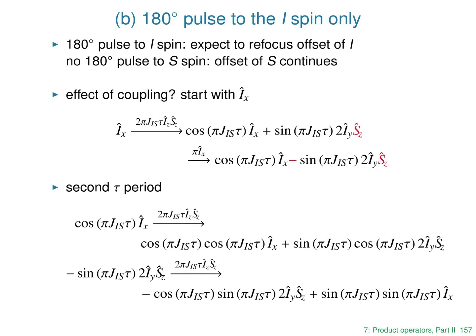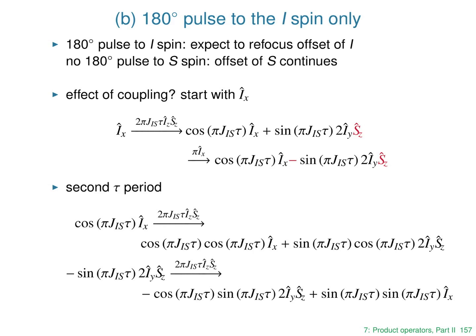So then you have to do what we did before, have the second period, and work through all the details. The IX term has to evolve under the coupling, and the IYSZ term has to evolve under the coupling. If you put it all together, you'll find that the antiphase terms cancel. Let's go back and look at that.